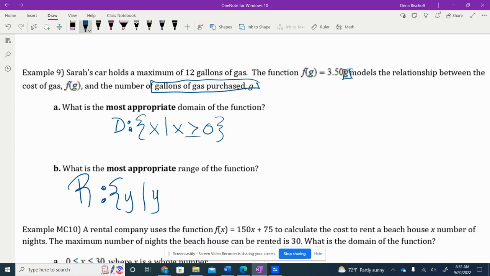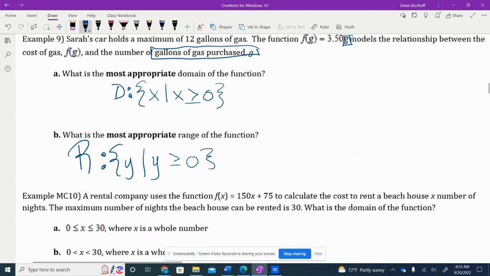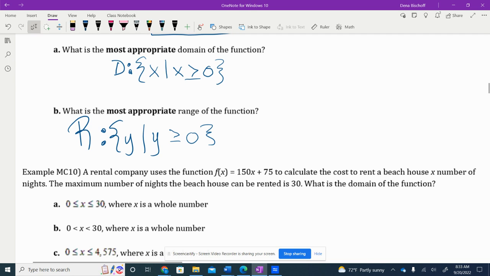Same concept as the domain. It can't be less than 0. It's got to be positive. So y is such that y is greater than or equal to 0. In real world examples, you can't purchase or create negative things. So typically you have to watch that for your domain and range. Like if I'm setting up a candy shop, I can't use numbers on my graph for negative amounts of candy, right?